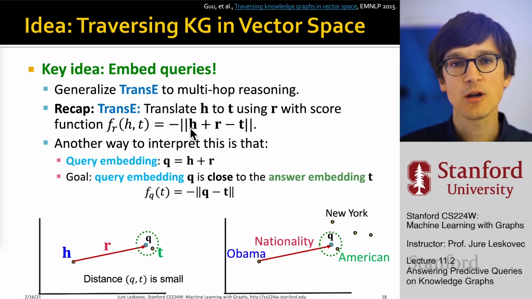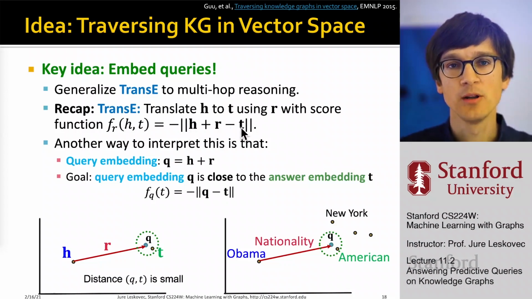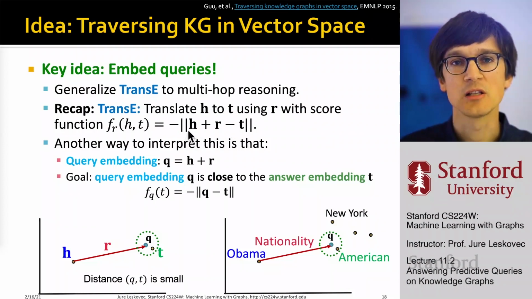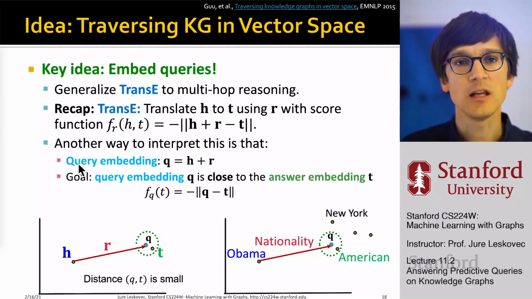You write the scoring function as head plus the vector R minus the point T. This is the distance between H plus R and the point T.